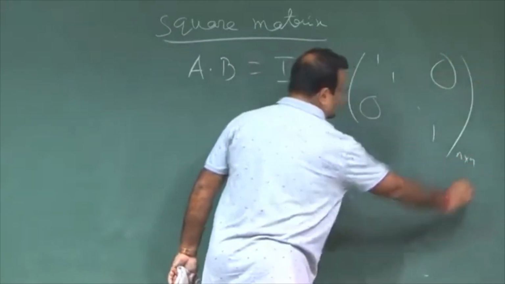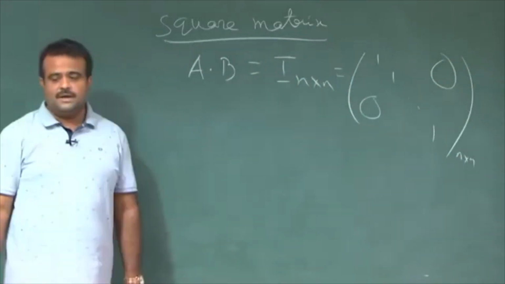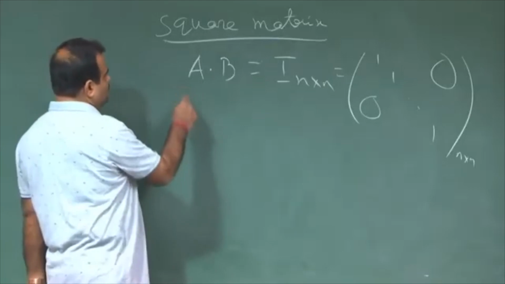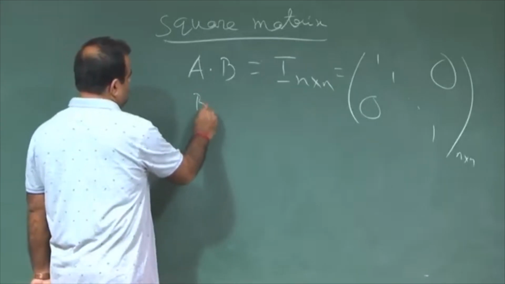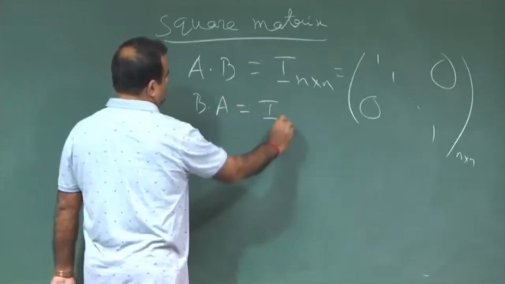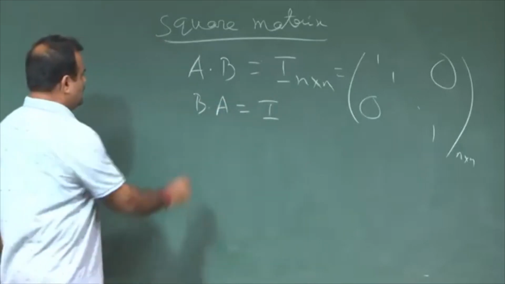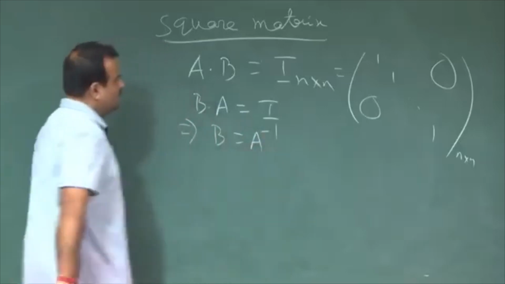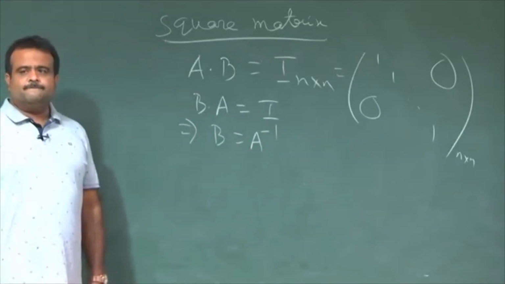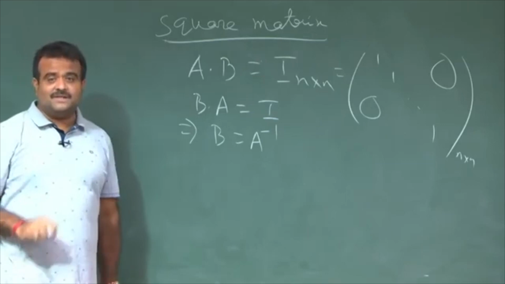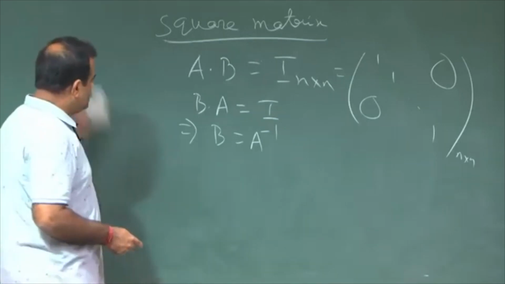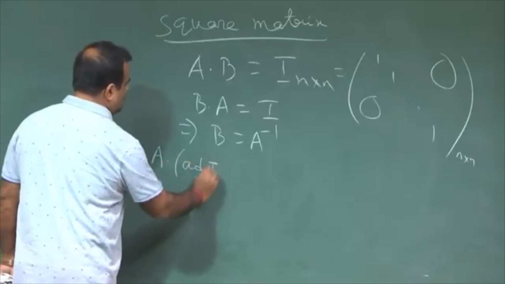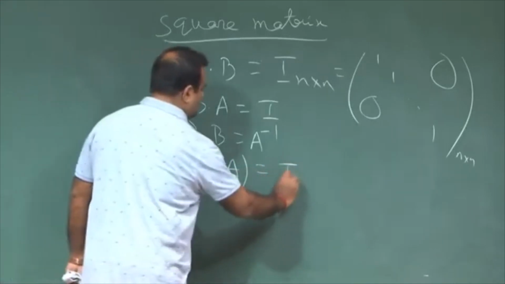This is n cross n. We should have this, and vice versa, multiplying on both sides gives the identity matrix, and then B is called the inverse of A. Now, if A is a non-singular matrix, then the inverse exists, and we know the result, A into adjoint of A is equal to identity.